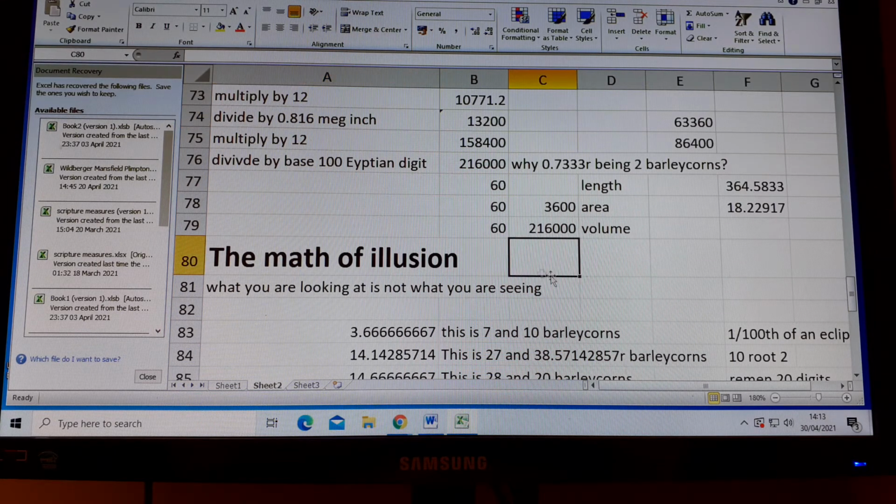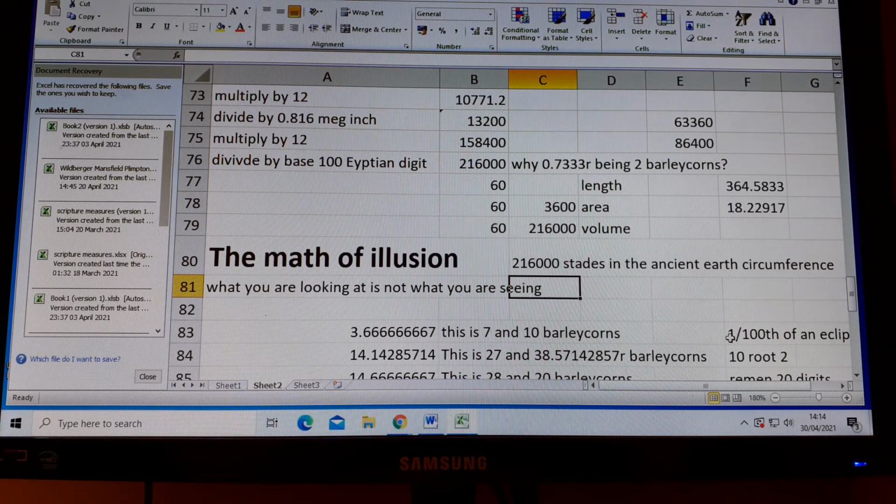And Berryman tells us that there are 216000 stades in the ancient Earth circumference. 21600 stades.